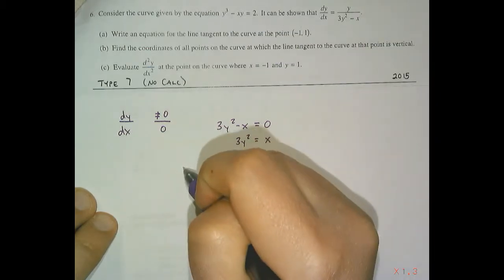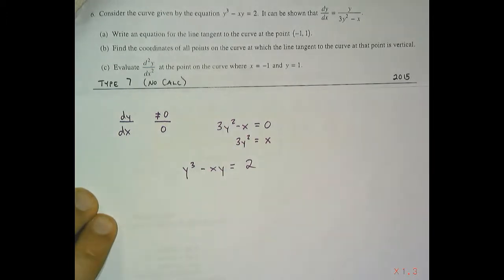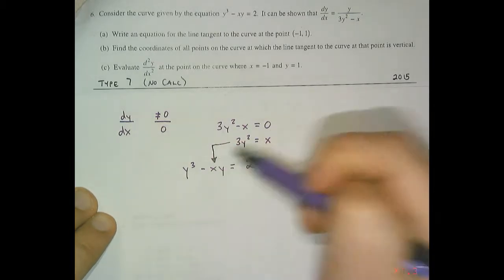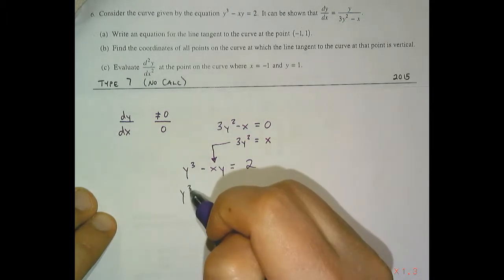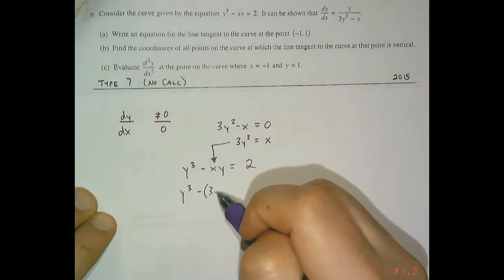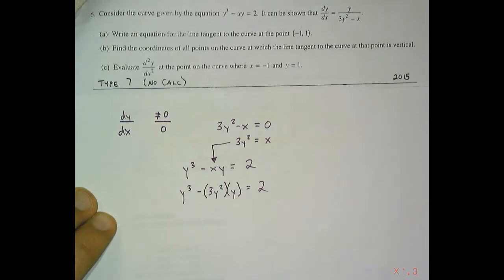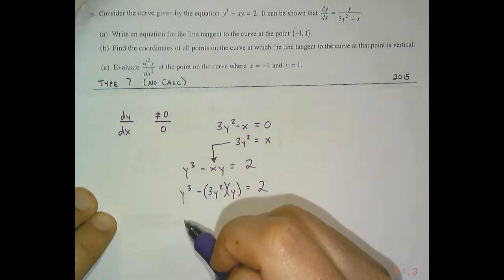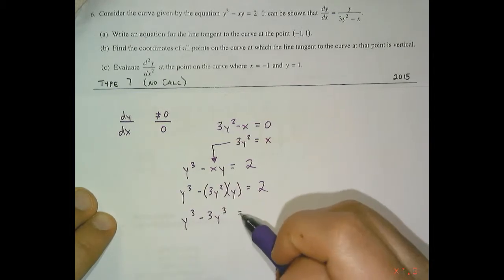So if we take that equation, y cubed minus xy equals 2, and we make a substitution of a known relationship, we're going to reduce our equation to a single variable equation. So y cubed minus 3y squared times y equals 2. It is a lot of algebra for a calculus test. y cubed minus 3y cubed equals 2.